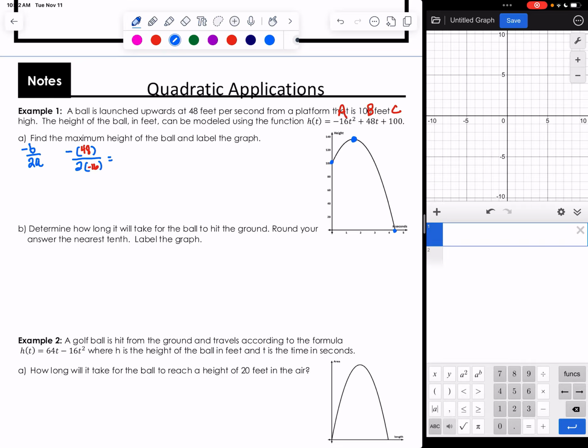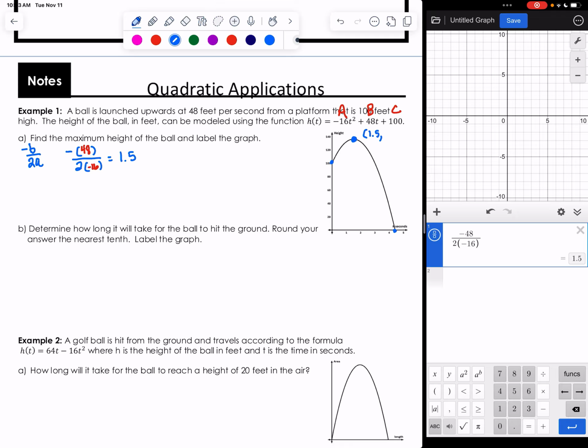Now I'm going to come over here to my calculator. So negative 48, and on the bottom, 2 times negative 16, and that gives us 1.5. Now, that's our x value, so I know it's taking 1.5 seconds to reach the maximum height.